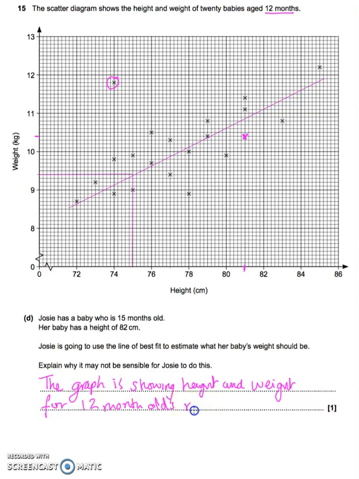For 12 months old, not 15-month-old. And that would be good enough for 1 mark.